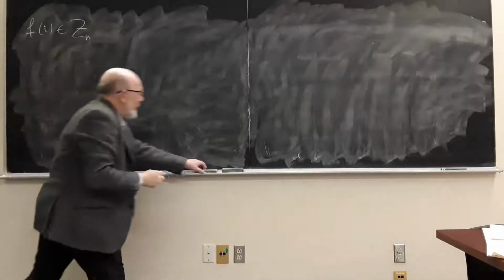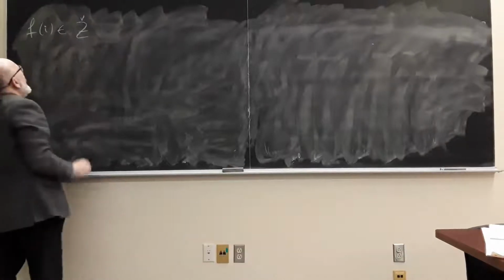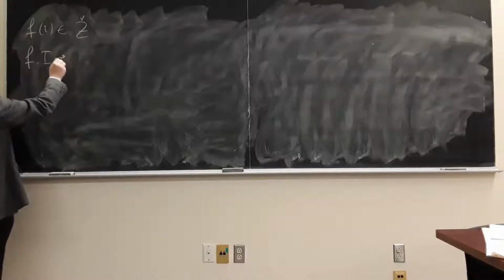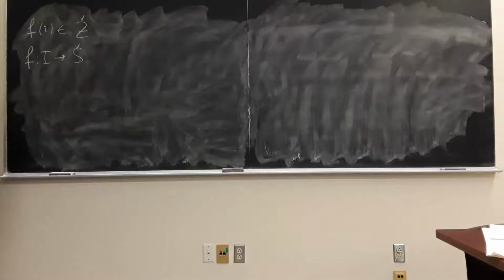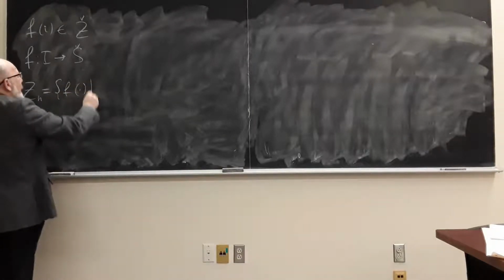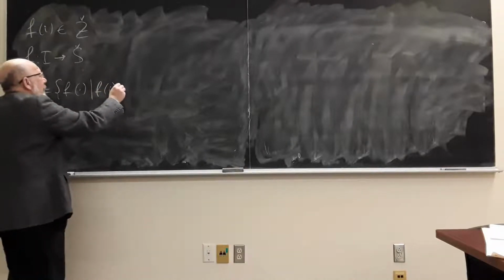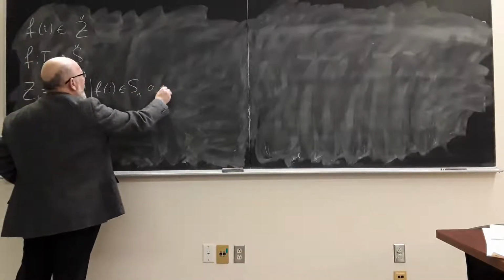Let me say in Z. So f from I to S. Zn equals the set of f such that f of I is in Sn almost everywhere.